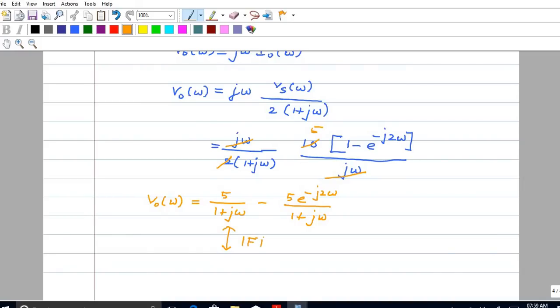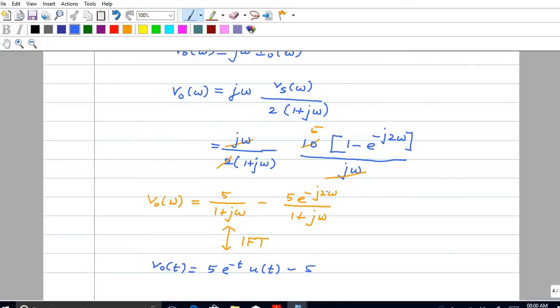But we need the time domain equivalent of this. So apply inverse Fourier transform. V naught of omega becomes V naught of t. 5, this is in the standard format, 1 divided by 1 plus j omega, so it's e power minus t u of t. Minus 5 is constant.